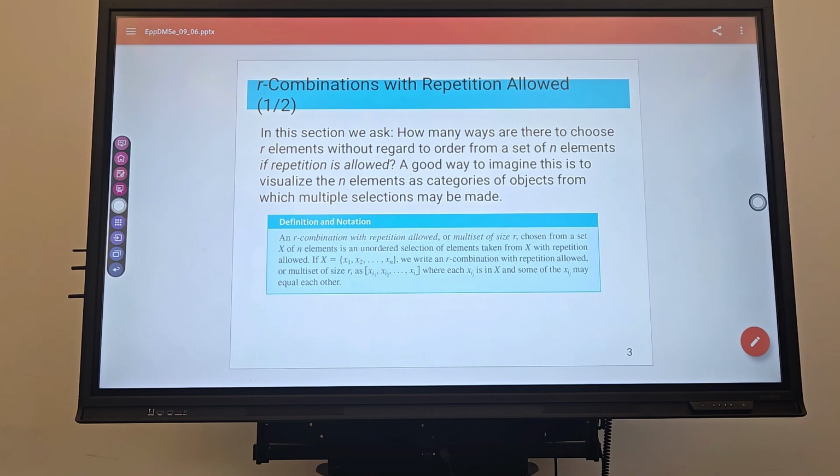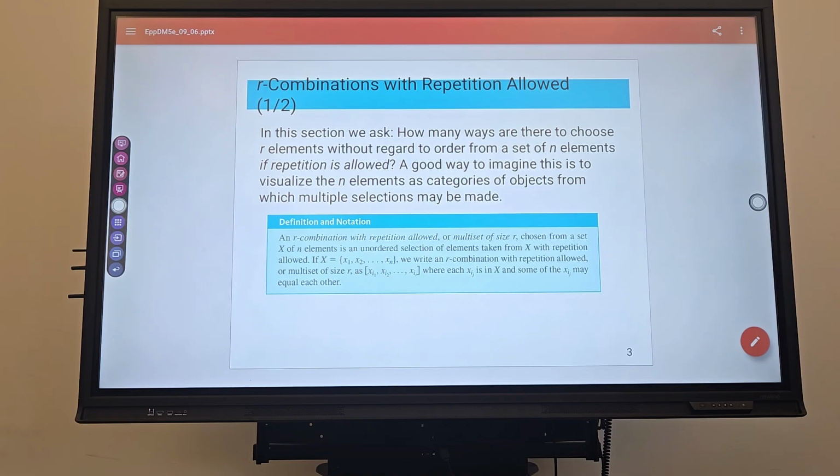Definition and notation. An R combination with repetition allowed, or a multiset of size R, chosen from a set X of n elements, is an unordered selection of elements taken from X with repetition allowed.